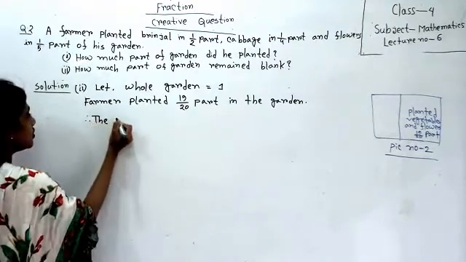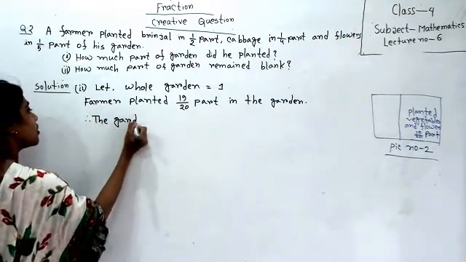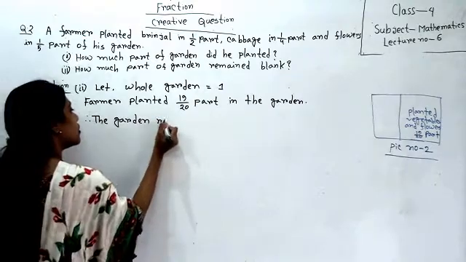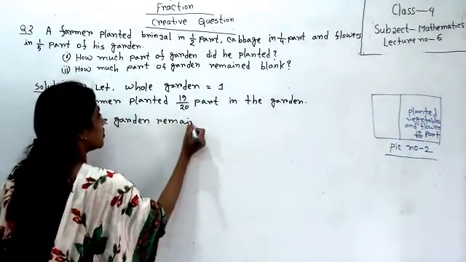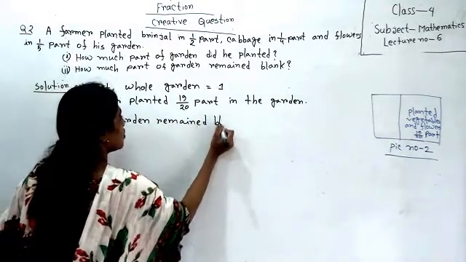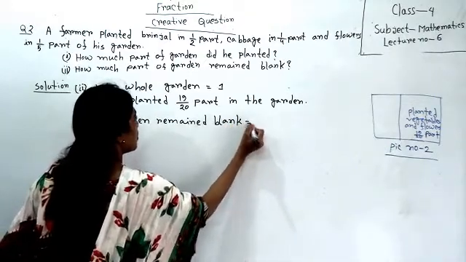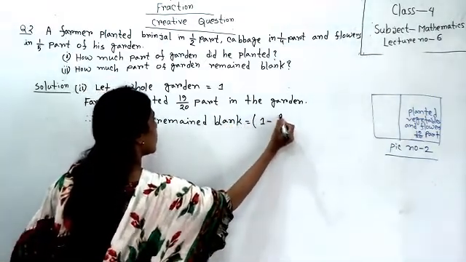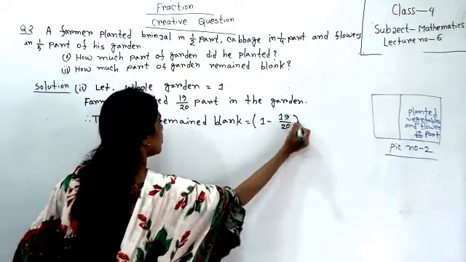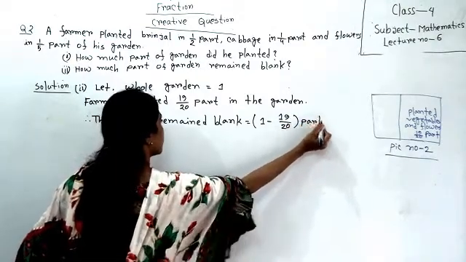The garden remained blank: 1 minus 19 divided by 20 part.